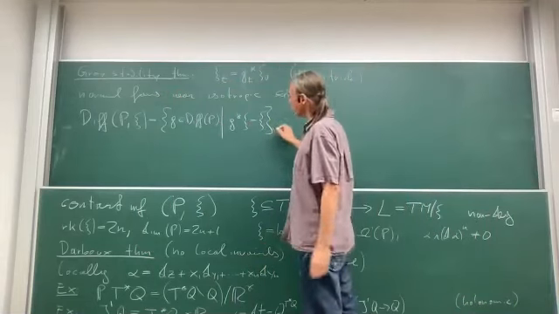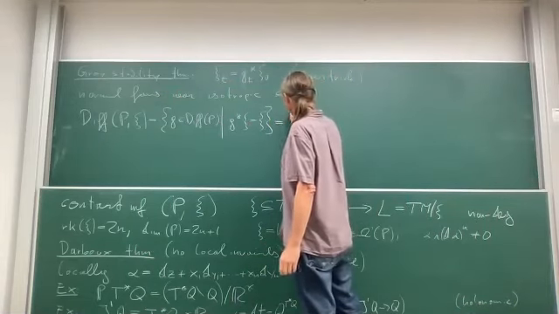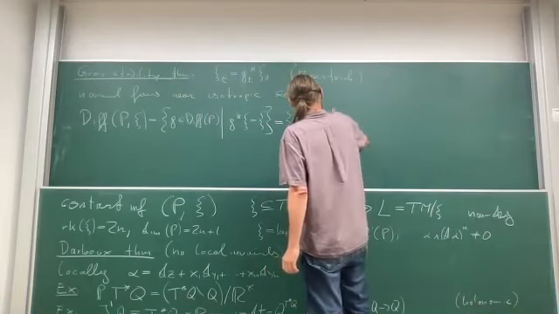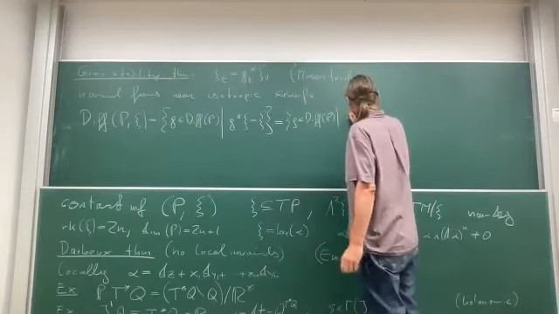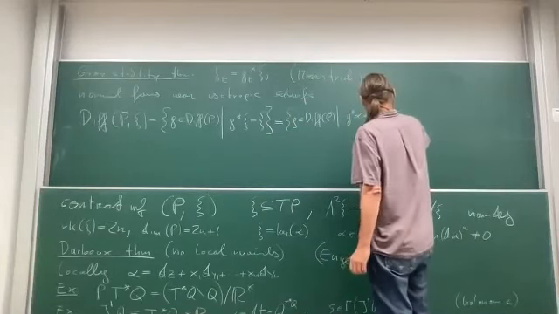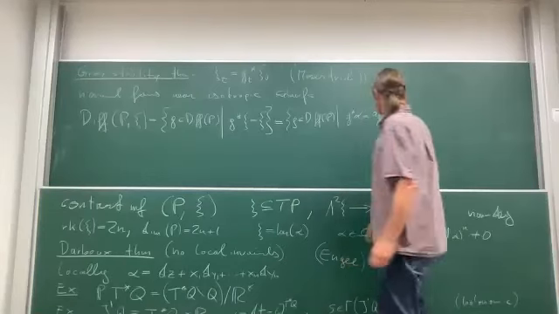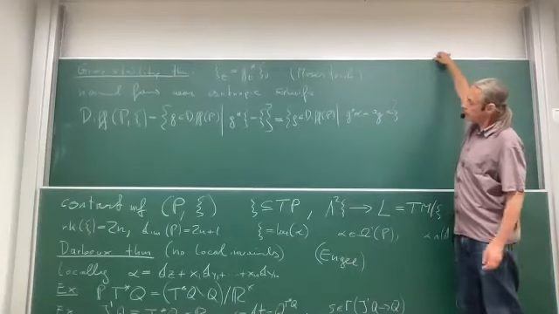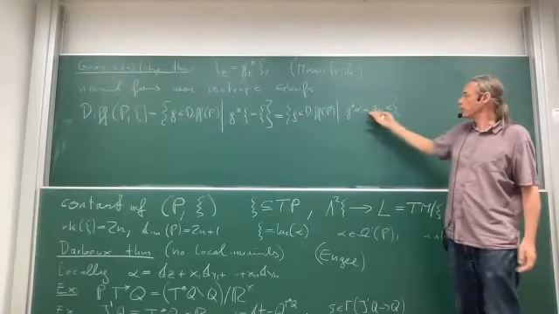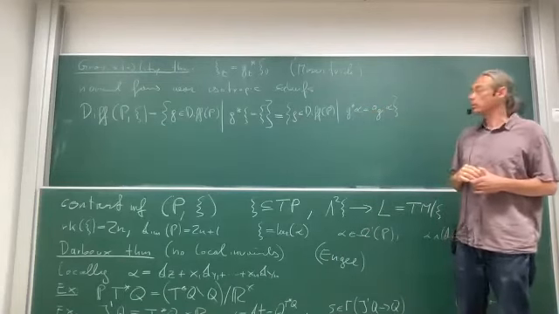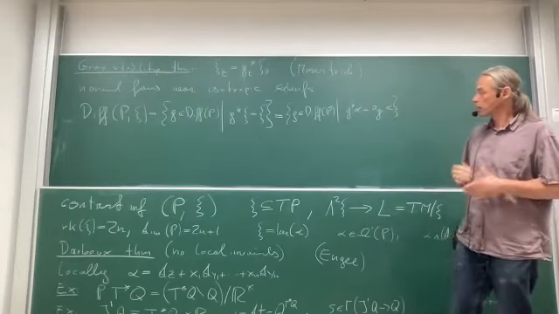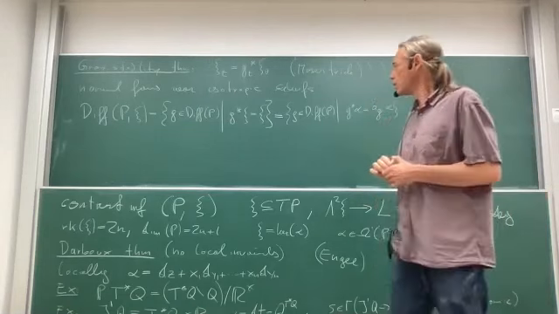You can of course rephrase that in terms of the contact form. That would be all diffeomorphisms of P such that when you pull back the contact form, you get a multiple of the contact form. There's a conformal factor a, and the contact form is preserved up to this conformal factor. This is precisely the condition that means that the kernel remains the same. So this is the group of contact diffeomorphisms.